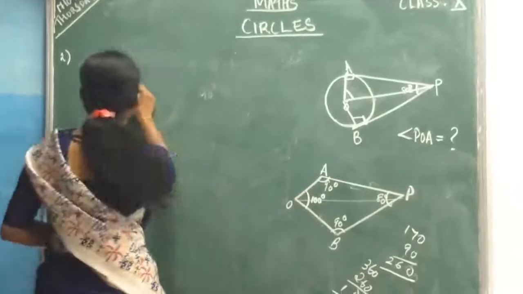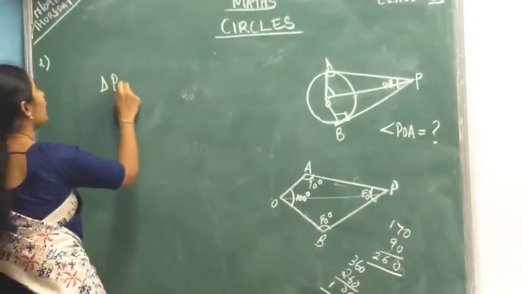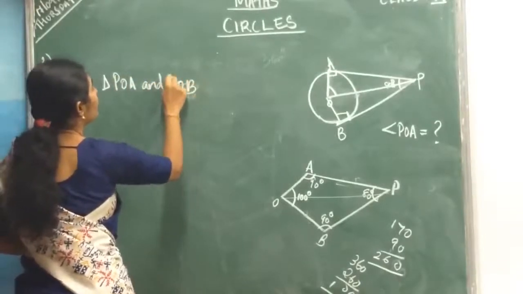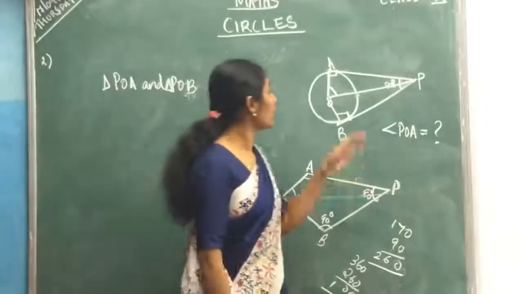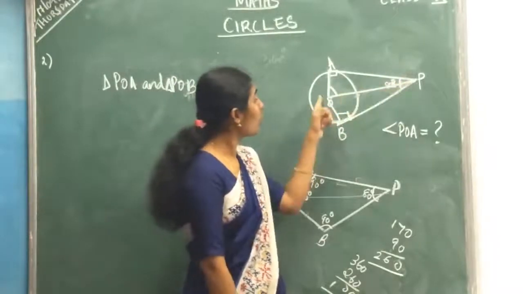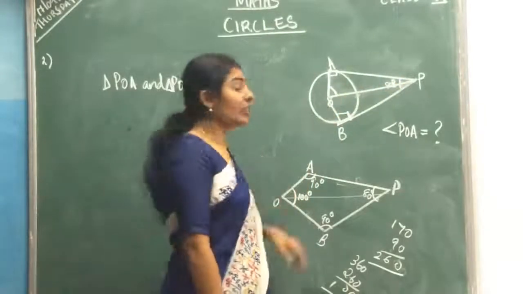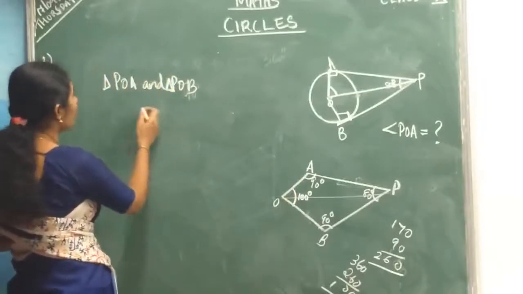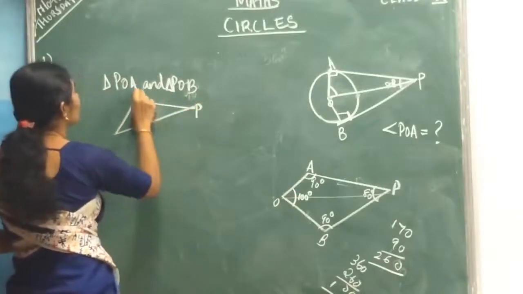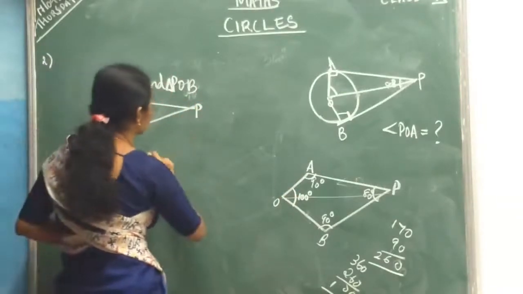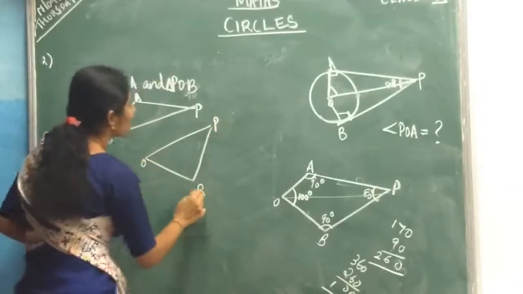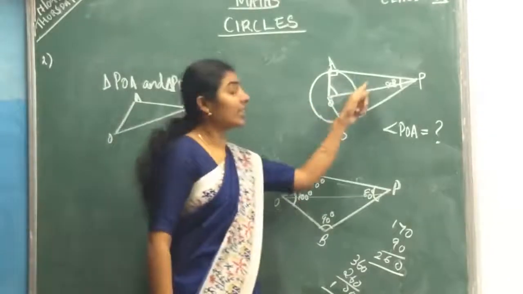First of all, you consider triangle POA and triangle POB.